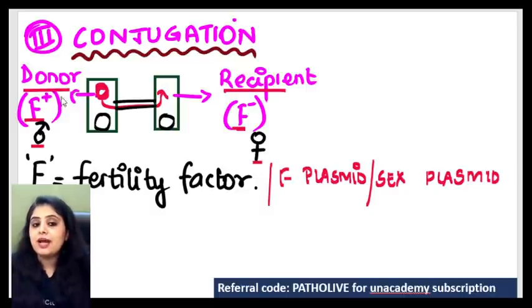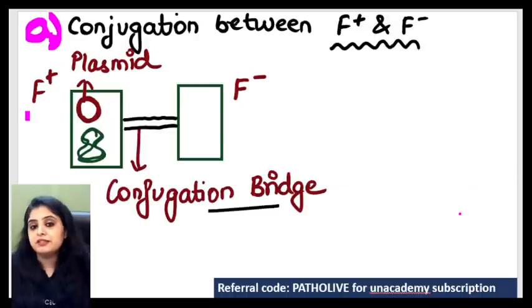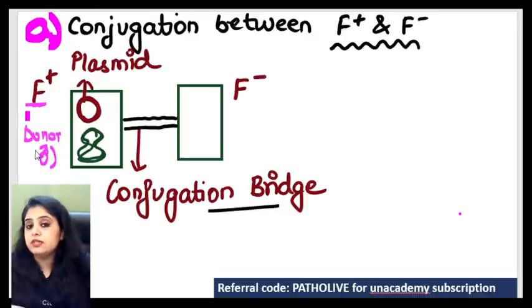Now we're going to do many combinations, permutation combinations, I'm going to give you. Can you see this? What do you want to call this? This has the F plasmid, the F plus fertility factor present. So can I call it the donor DNA, or the male bacteria?